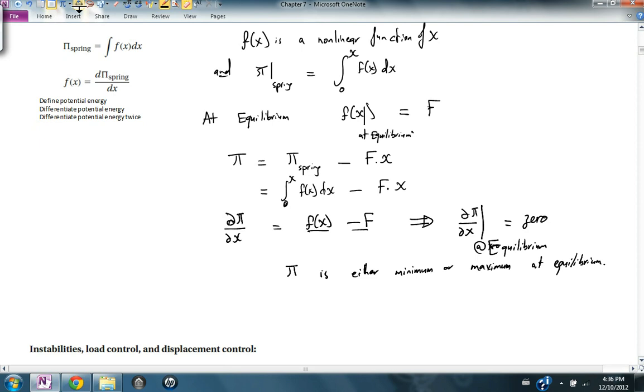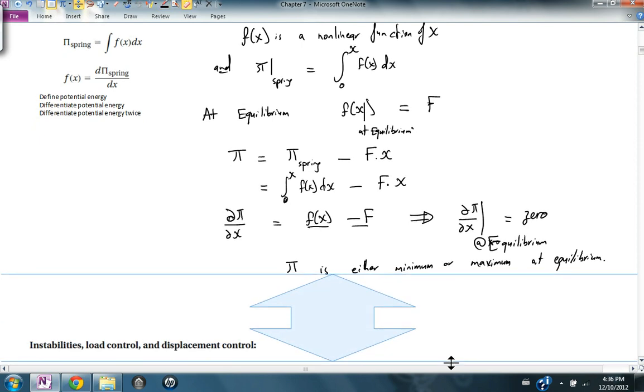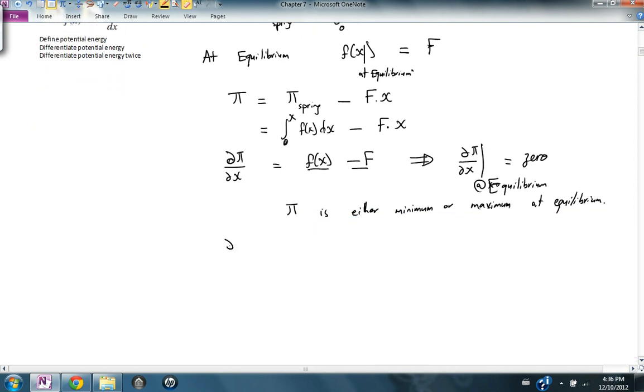So how would we know? Well, we would take the second derivative of Pi with respect to x squared. When you take the second derivative, you find that whether the system is stable or not, or whether the potential energy is minimum or not, depends on the sign of the slope of f.